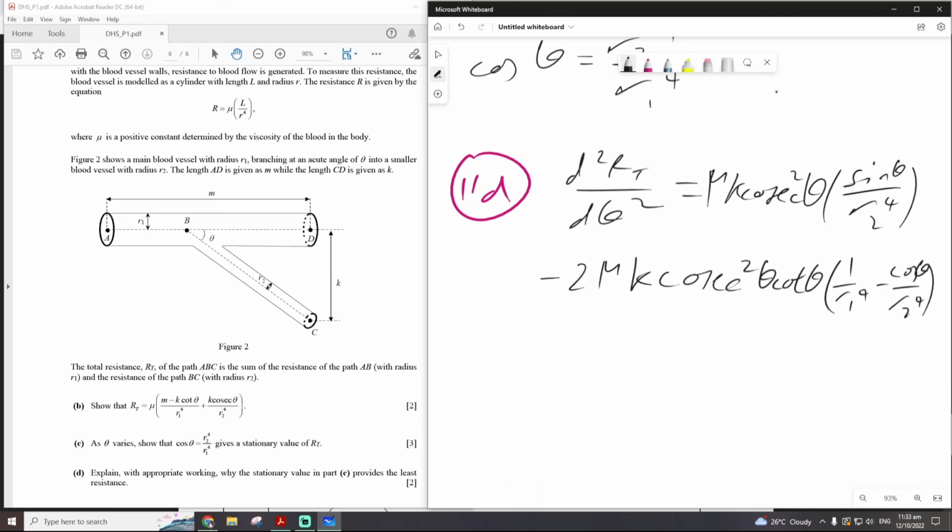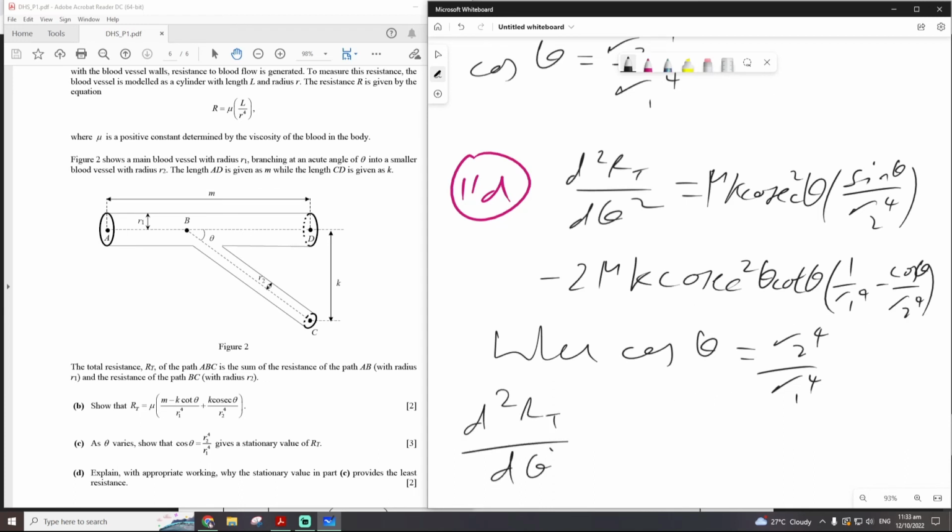Then you sub in cosine theta equals R2 power 4 divided by R1 power 4. You'll notice that this entire thing becomes 0. So d2RT d theta square just equals mu K cosecant theta, because cosecant square times sine is cosecant, divided by R2 power 4.